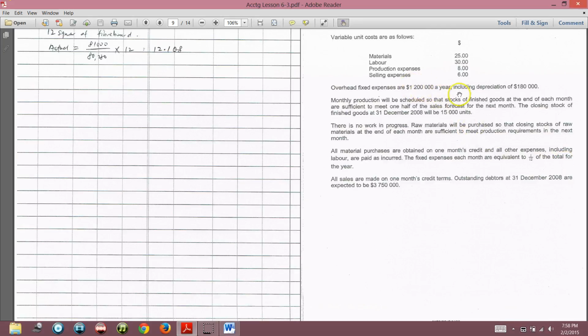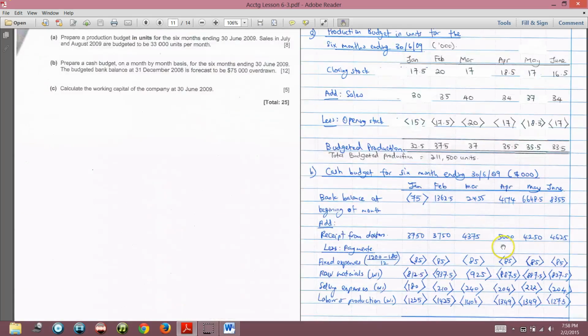This includes depreciation, but depreciation is not a cash outflow because depreciation is an expense, but the money didn't go out. So what is the cash payment for fixed expenses? 1.2 million a year minus the depreciation, 120 minus 180, divide by 12. So for 1 month, the cash outflow for fixed expenses will be 85,000.